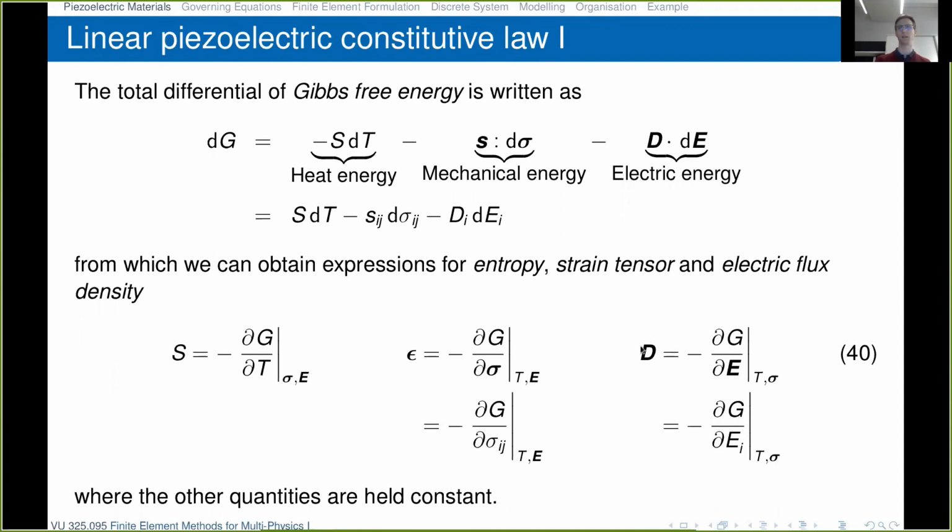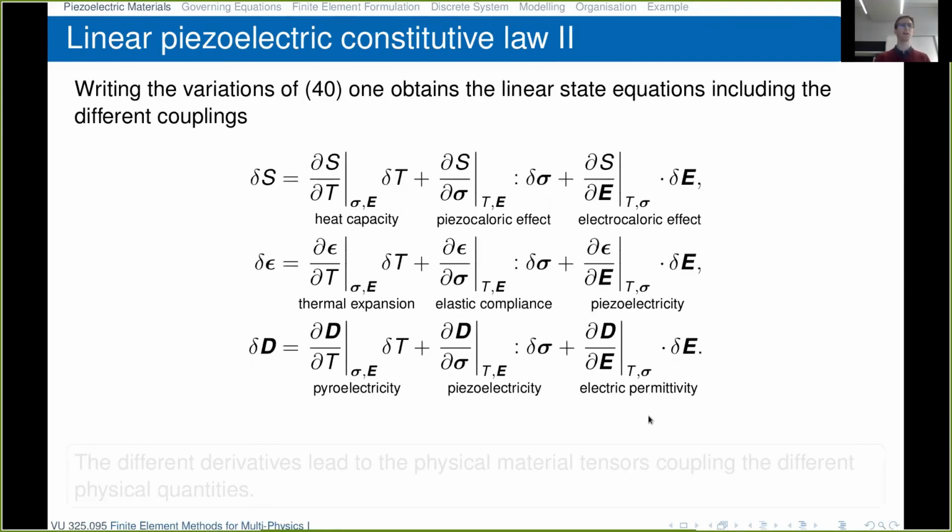Additionally, the dielectric displacement we get as the Gibbs energy derived with respect to the electric field, and the other two quantities, temperature and sigma, are held constant. If we now insert these relations in the equation from before, what we get is this set of equations.